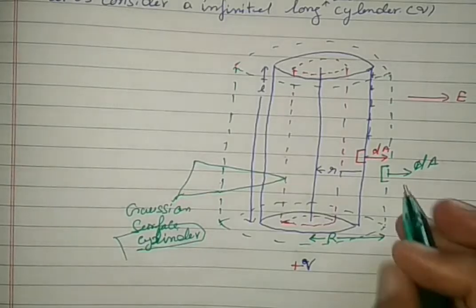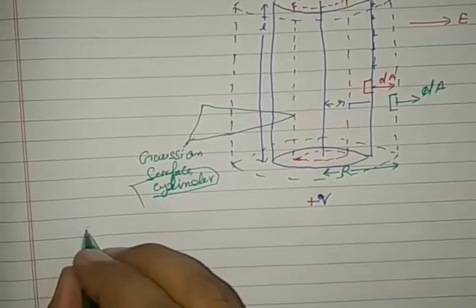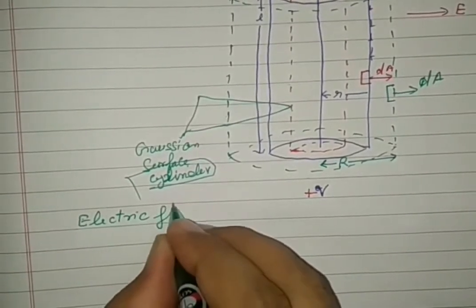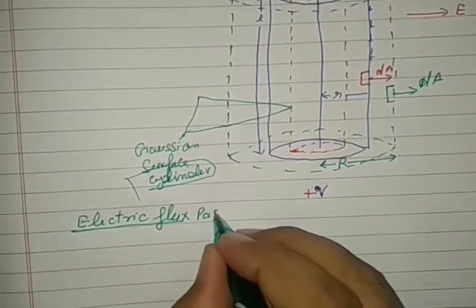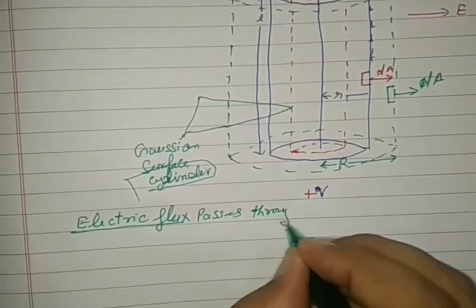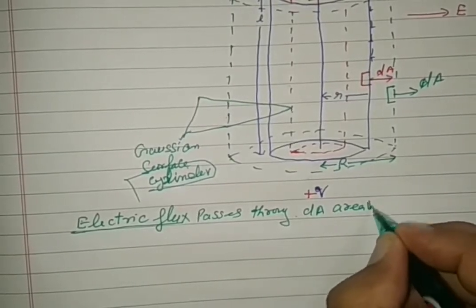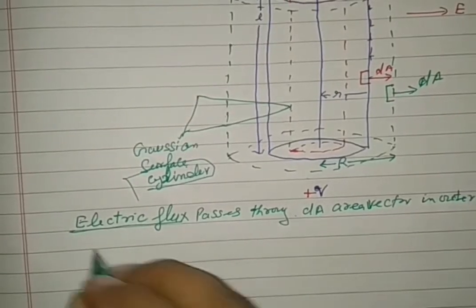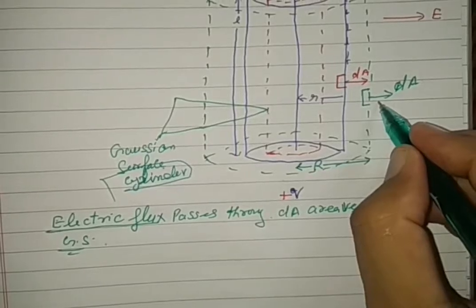So now see, calculate the electric flux, see the calculation. The electric flux passing through area vector dA on the outer Gaussian surface. See here in the diagram carefully.